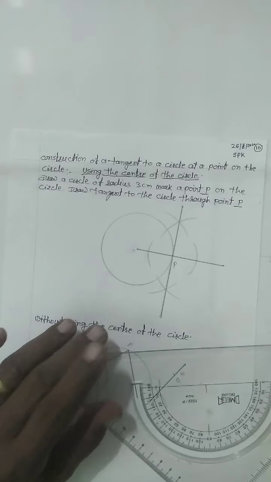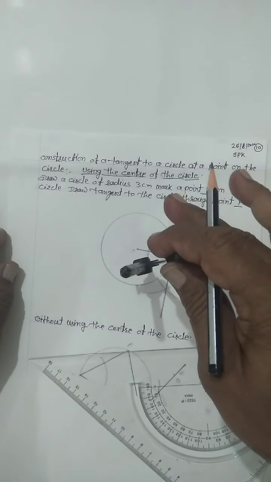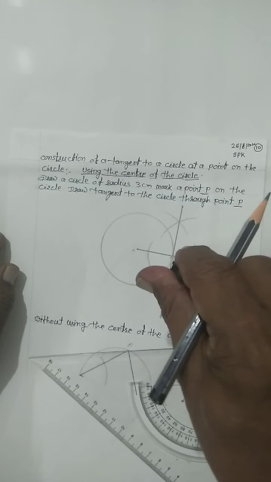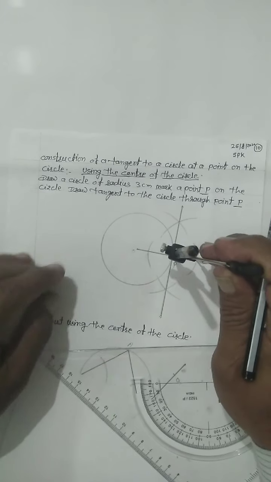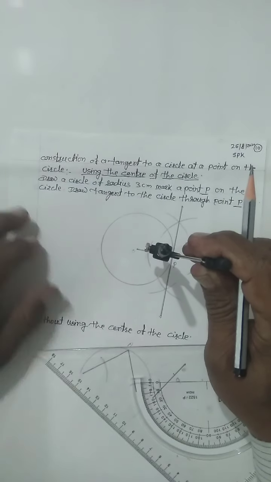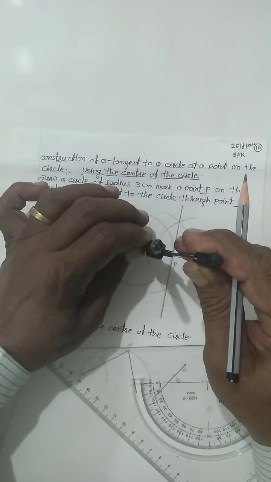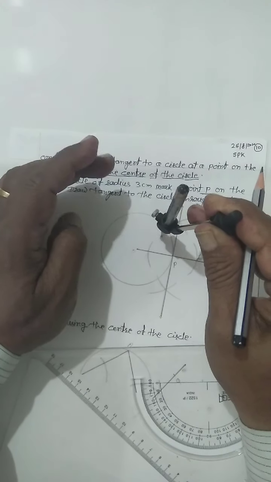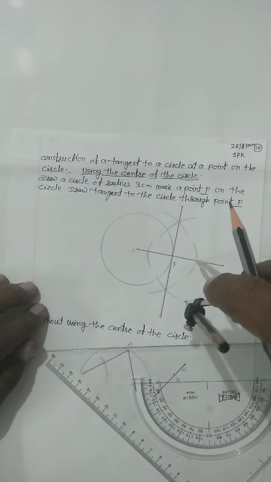Then take some distance between two terminals of the compass and draw an arc on the opposite sides of the point P. In this way we draw one arc, then the second arc. Now take a distance more than half of the distance between these two arcs and draw an arc on the upper side and on the lower side.